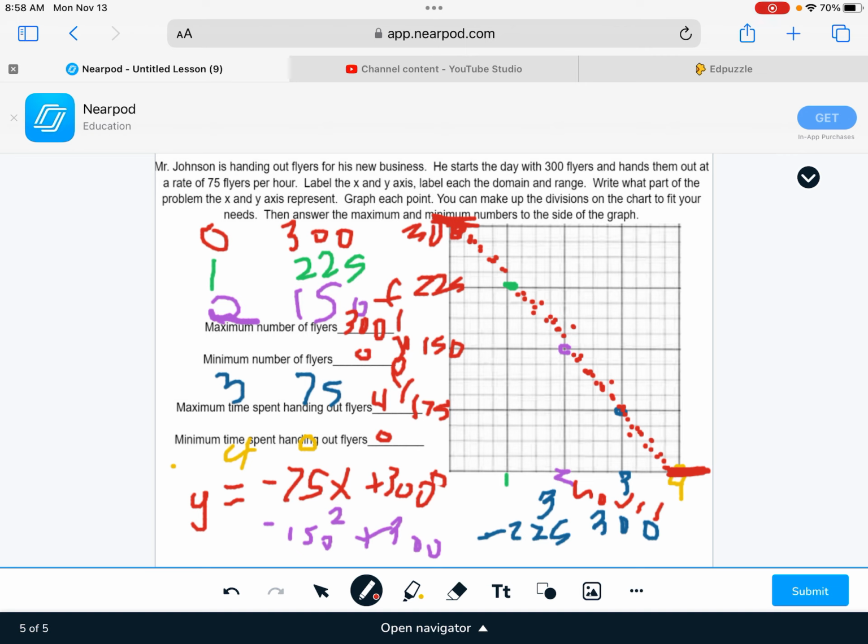Also, you're not going to have less than 0 hours spent passing out flyers. There's no negative time in this situation, so we're not going to be able to go any further outside of this. Additionally, assuming that Mr. Johnson stays at the same rate, and in this case, he is going to stay at the same rate, there's no ifs, ands, or buts about it, he can only spend a maximum of 4 hours passing out flyers.